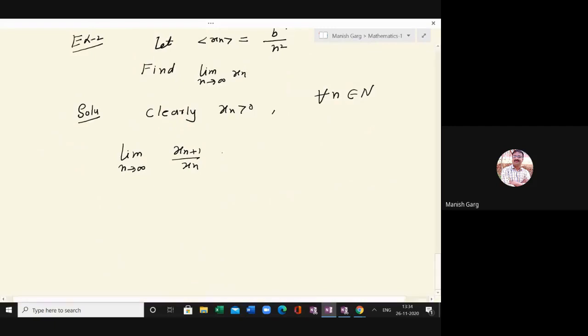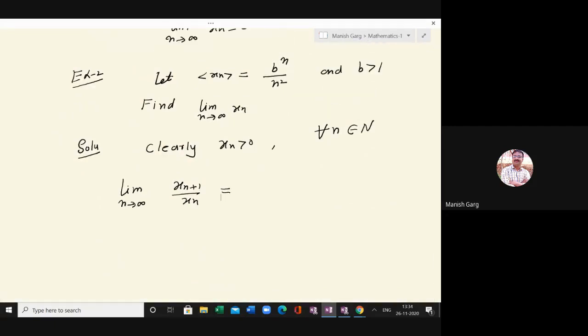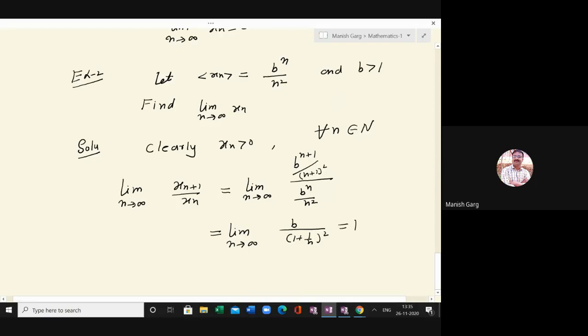Limit of xn plus 1 over xn, so it will be limit n tends to infinity b^(n+1) over (n+1) whole square, and b^n over n square. If you solve this quickly, I am writing directly, 1 plus 1 upon n whole square, this will be b, which is greater than 1.